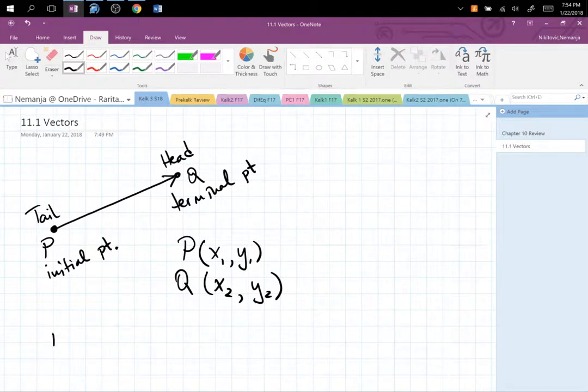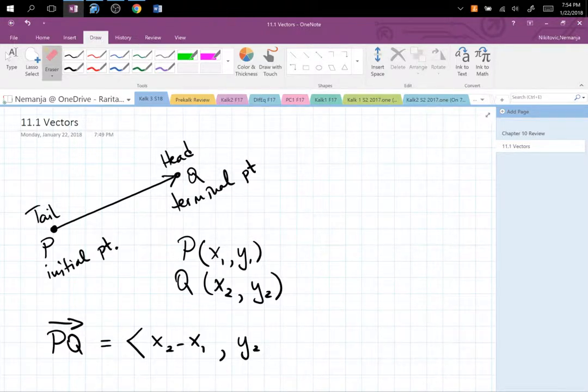Vector PQ, which is the vector that stretches from P to Q, where Q is the terminal point, is going to be calculated by x2 minus x1 and y2 minus y1. Observe my notation. I'm using these spiky brackets.